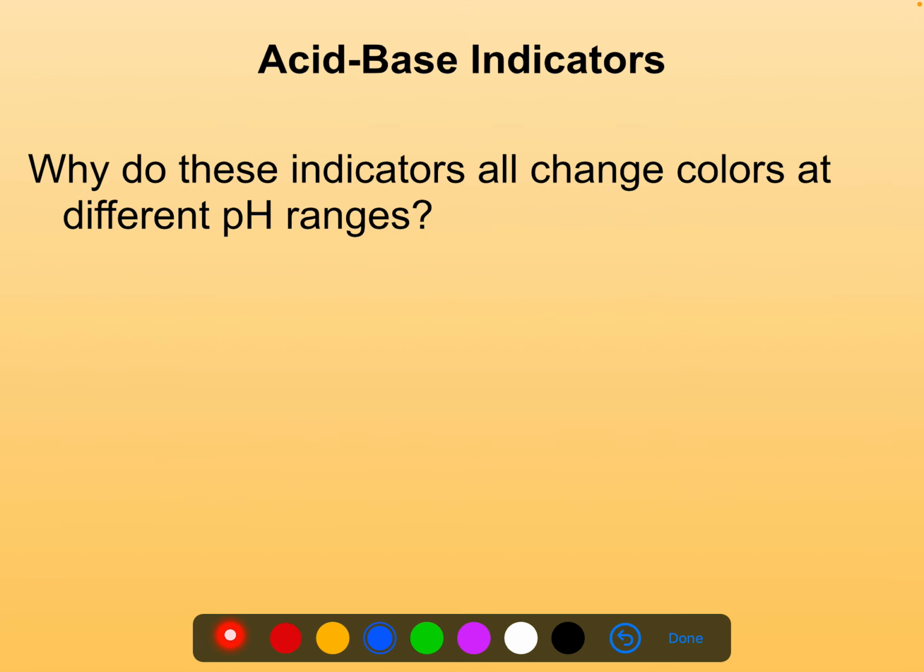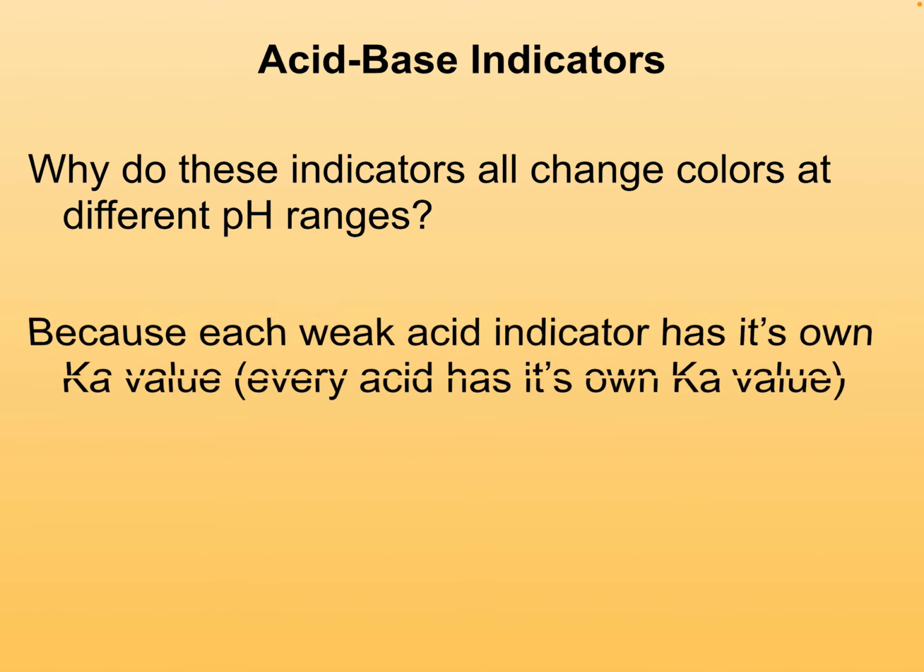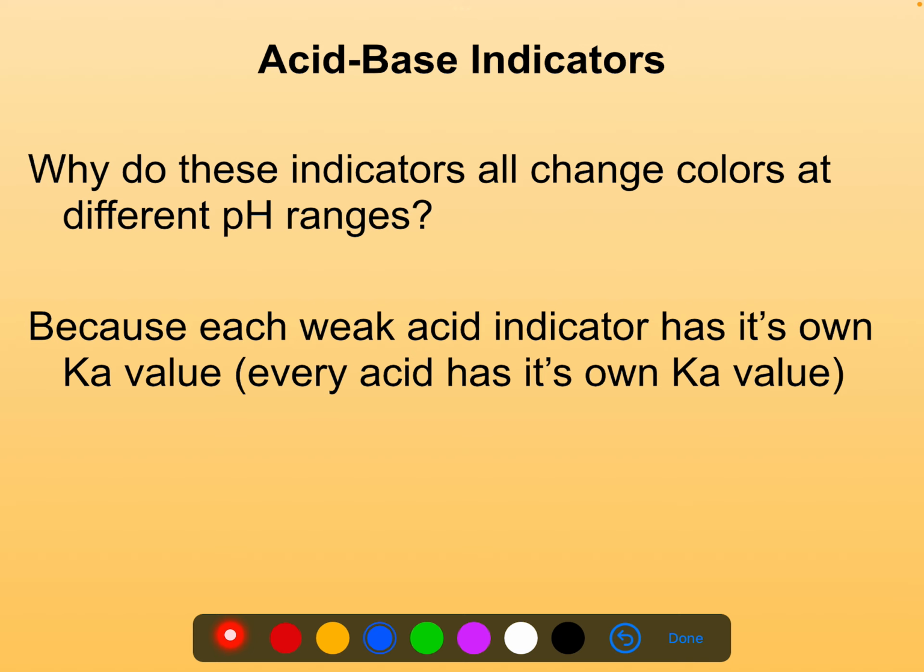So looking at why indicators change color at different pH ranges, it's because every weak acid or weak base has its own Ka or Kb value. And since they're unique, pKa is going to be equal to a different pH value.